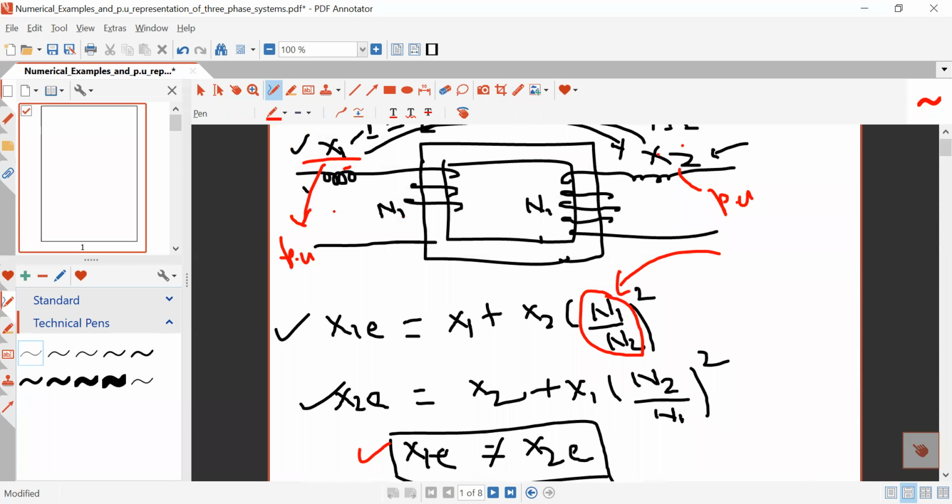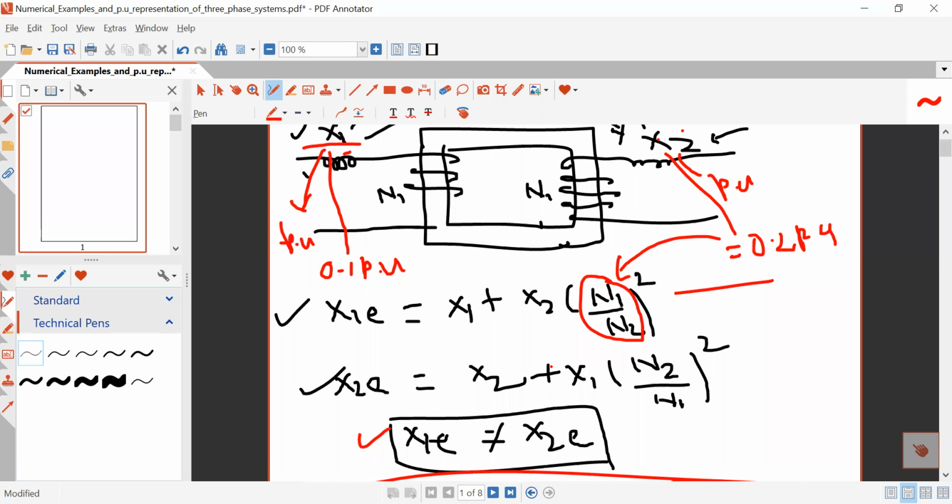For example, if this reactance value is 0.1 per unit and this reactance value is 0.2 per unit, then what will be the total reactance of the transformer referred to the primary? Simply add these two, 0.2 and 0.1, and the answer will be 0.3 per unit.